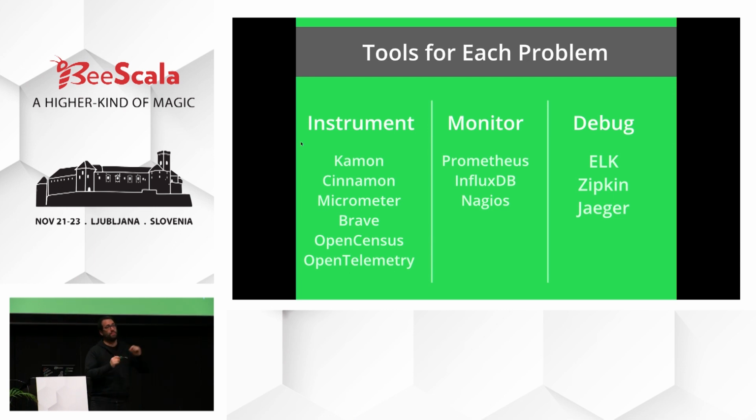When you want to monitor, when you want to look at those signals, at least for the metrics part of it, you will be looking at tools like Prometheus or InfluxDB. Even the good old Nagios can help you with monitoring your app. It's a very simple monitoring, but it basically helps you answer the question: is this thing alive or not? Should I be investigating something?